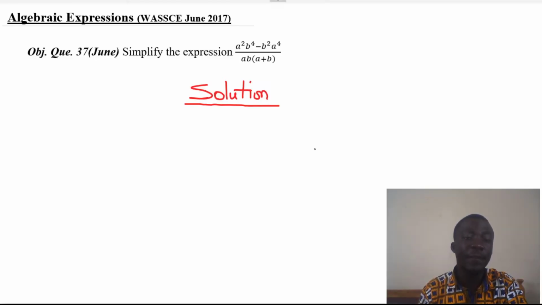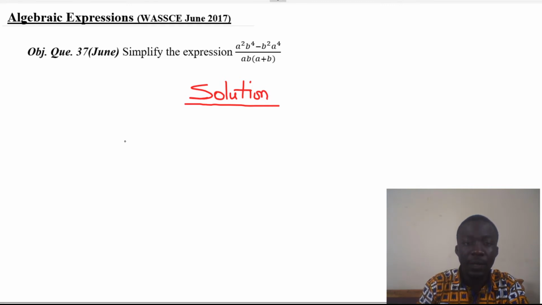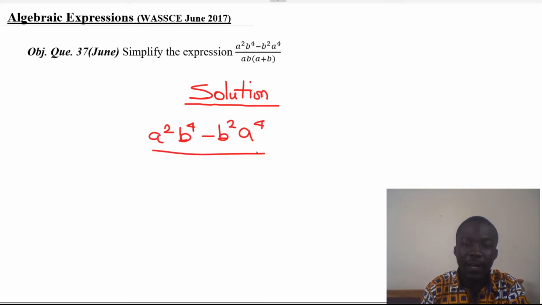In objective question 37 June, we are to simplify the expression a square b raised to the power 4 minus b square a raised to the power 4 divided by ab into brackets a plus b. Looking at the numerator, we can factorize a square out, because we have a raised to the power 4 here.